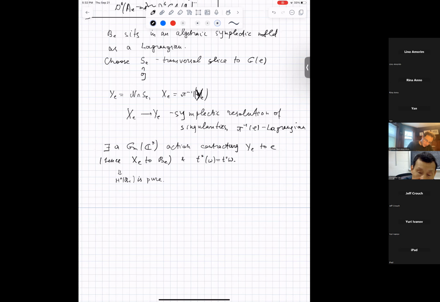And so, the last thing I want to say here is that there is a concrete choice for S_E. Maybe I just mention it for completeness. It can be chosen as follows, due to Slodowy, and is called the Slodowy slice.